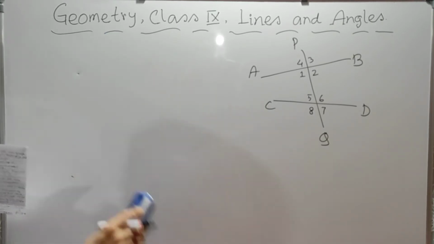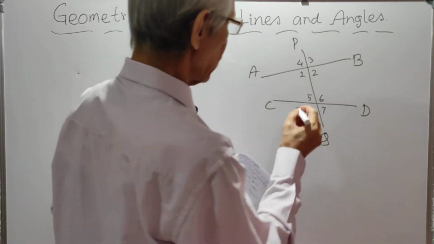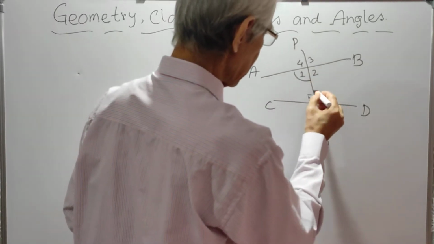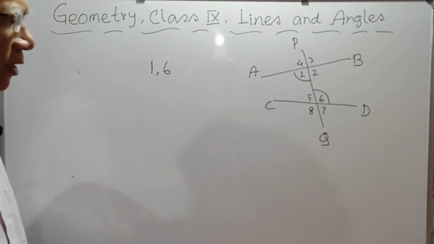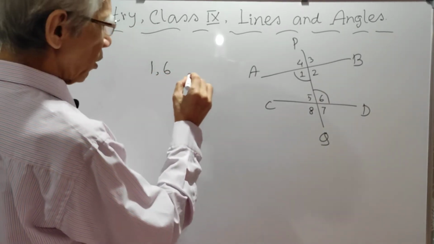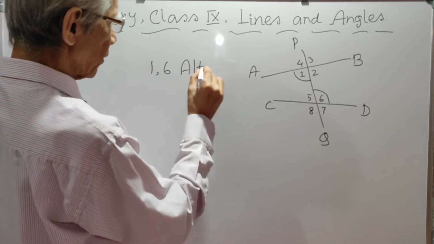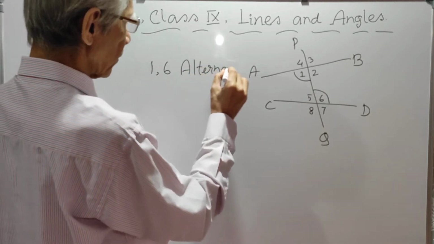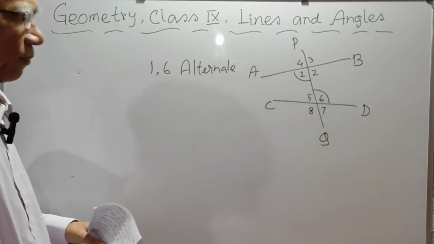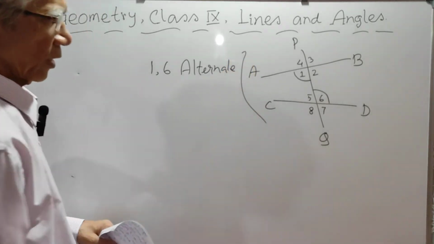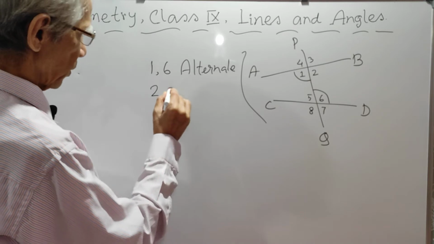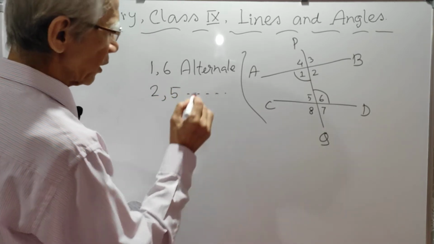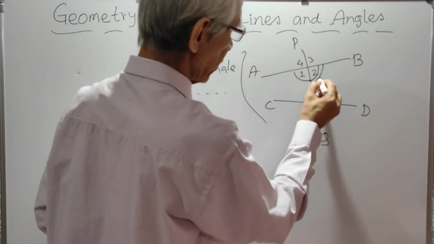Now look at that diagram. There are 8 angles. Alternate angles are 1 and 6. So angle 1 and angle 6 are alternate angles. Then there is another pair, 2 and 5. 2 and 5 are another pair of alternate angles, this one and this one.